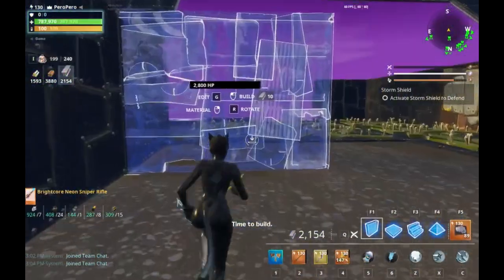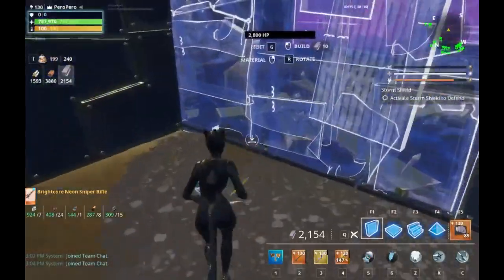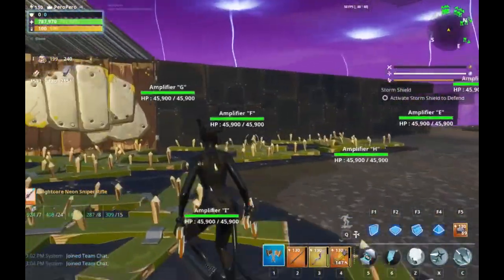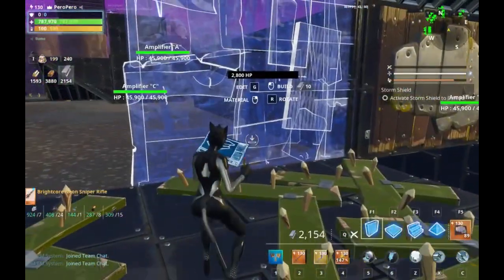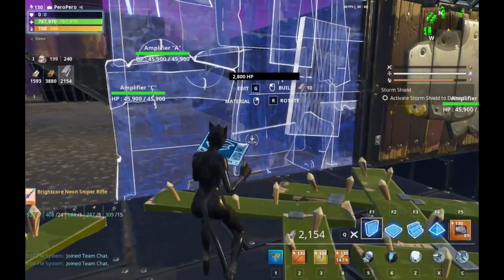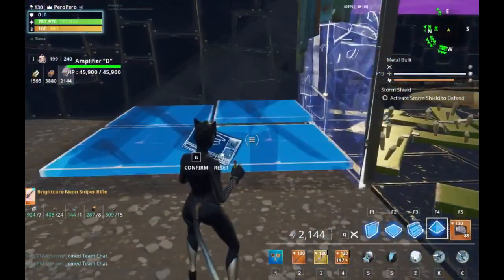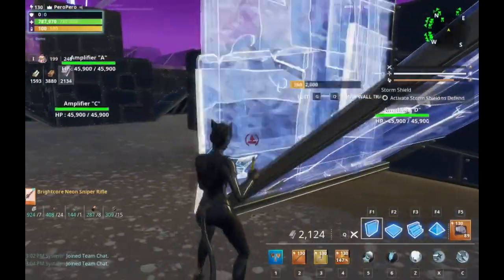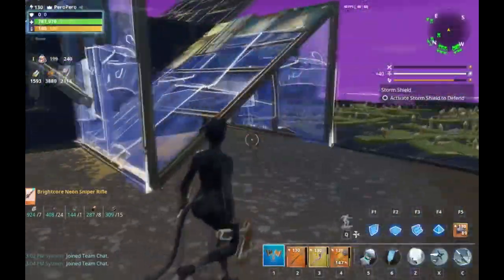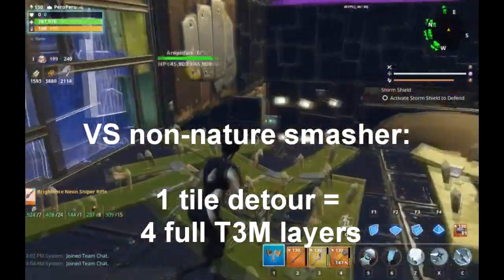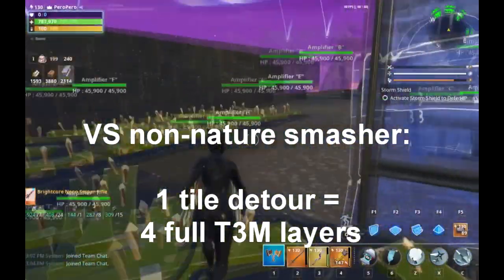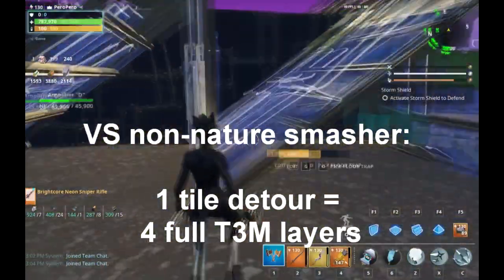Now, if we blocked it off, if we want to path them one tile more west, now, for non-nature smashers, all you have to do is add 4 layers. Right? So 1, 2, 3, 4, right? You have 4 layers here, and then the husk would path all the way around, right? That's all you need, 4 layers.